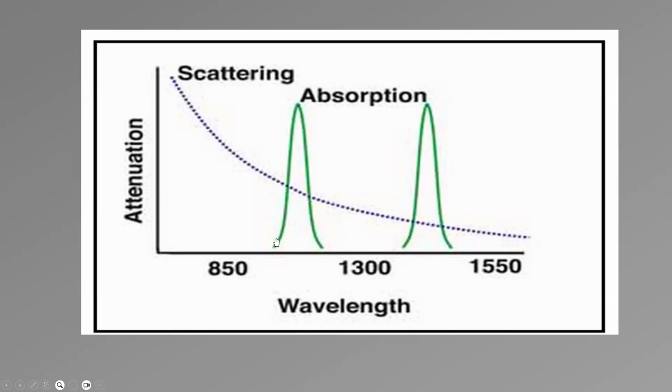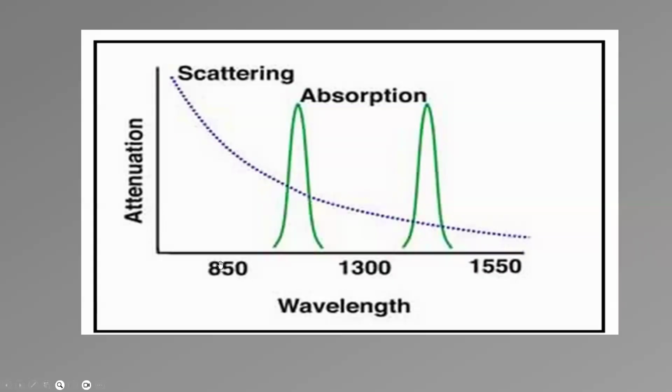Now, here are those two peaks that produce absorption. What's absorption? The light is just absorbed by the medium and it just disappears.